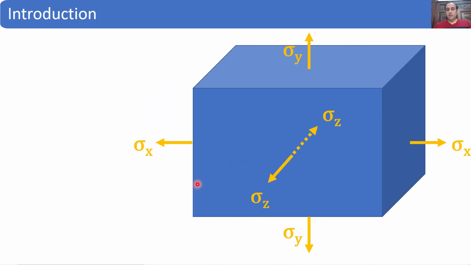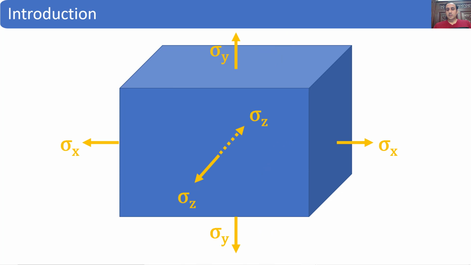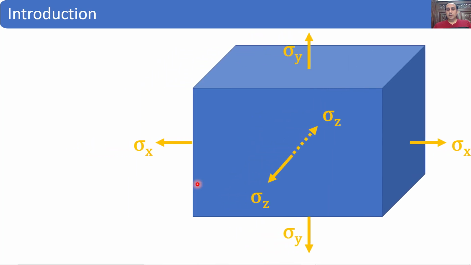Okay, so if we have a system like this, what will happen? We will have three strains now, one in the x direction, the other one in the y, and the third one in the z direction. And these are the expressions for calculating the three components or three strains.